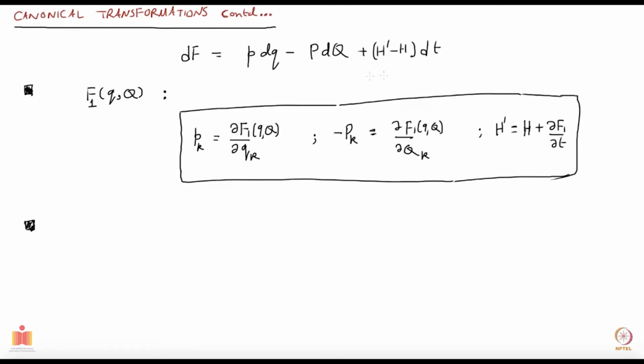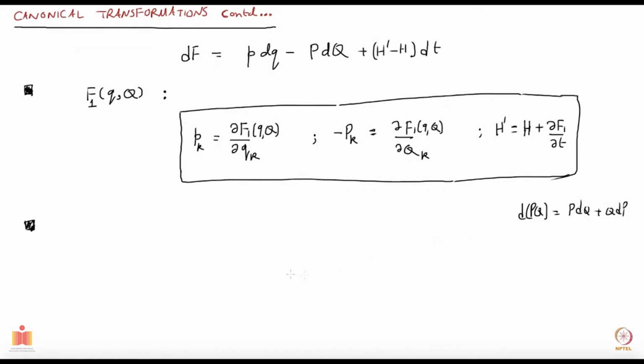So let's start again with this expression of the generating function. I will take this term p dq, and instead of having a differential dq, I will turn it into a differential of dp. All you need to use is that a differential of p times q will be p dq plus q dp.